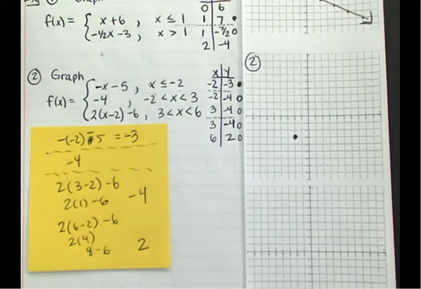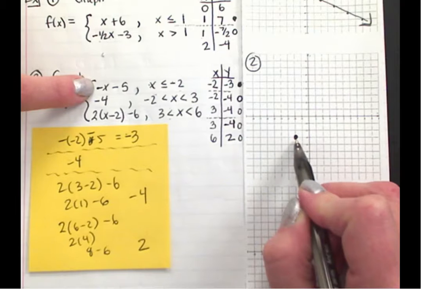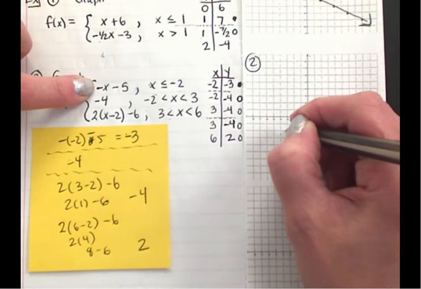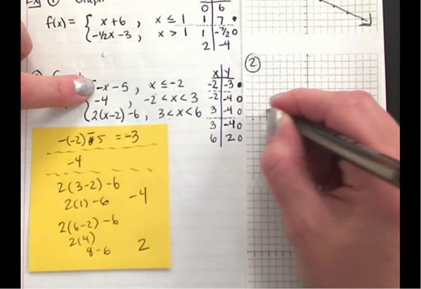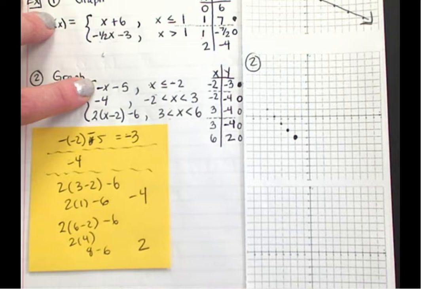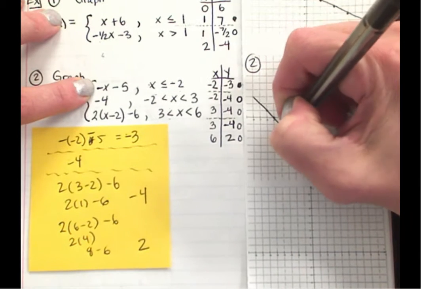Well, I only have 1 point, but I need to actually draw that line. You can graph lines from any point. This one has a -1 slope. So I'm just going to count a -1 slope from the endpoint.